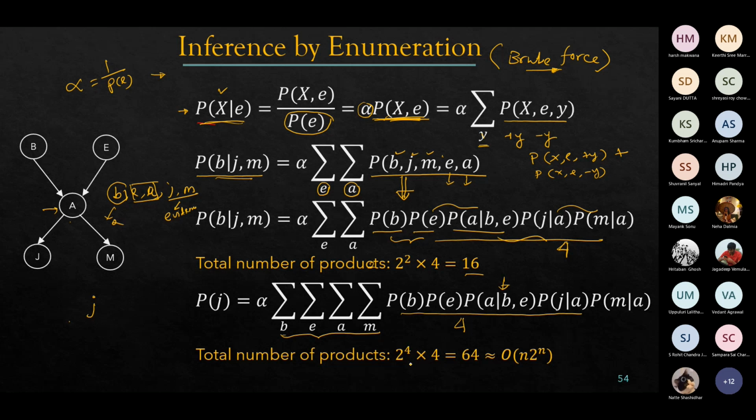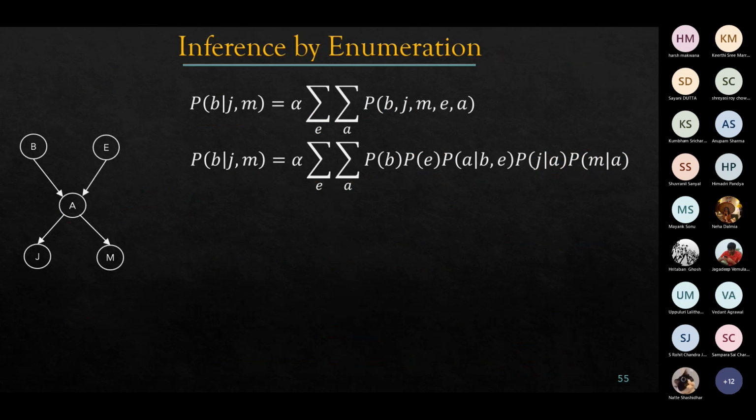So the total number of products that we are doing here is 2 to the power 4 multiplied by 4, and basically it is in the order of n multiplied by 2 to the power n, right? Again, this is not really tractable if you have n to be very large, right? So the question is, can we do better, right?